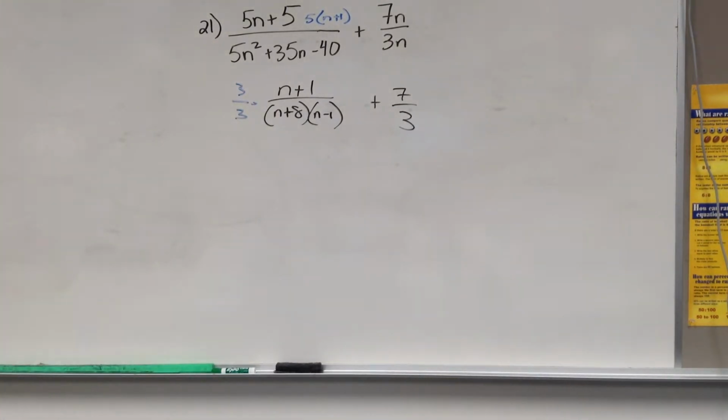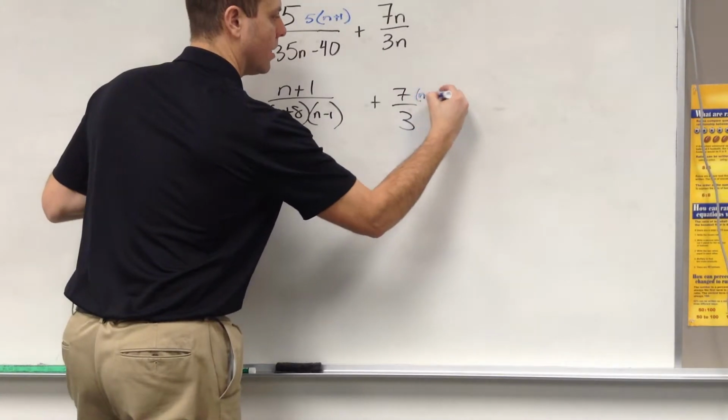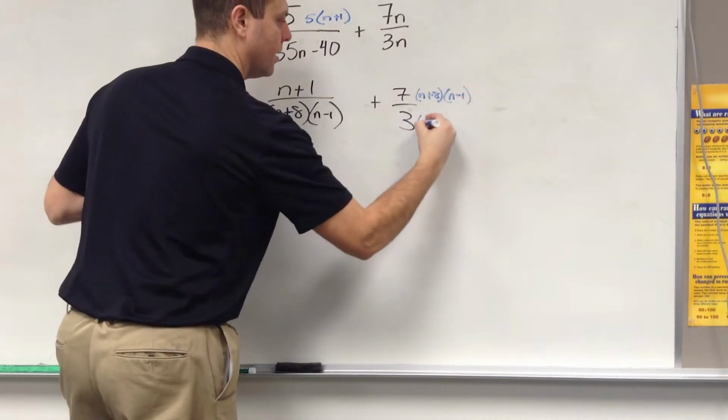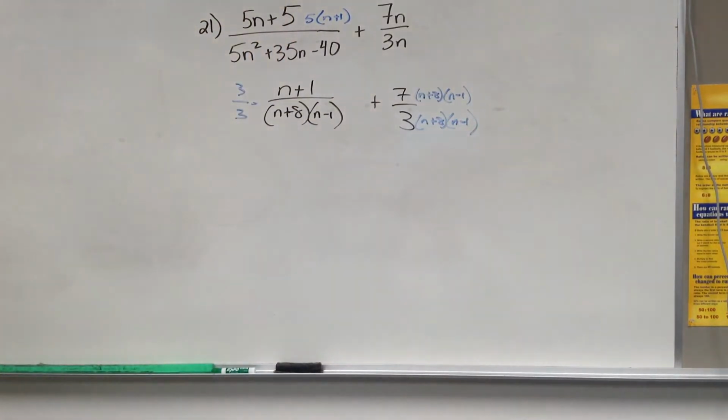What do I need to do to the second fraction? Multiply it by n plus 8 times n minus 1 over n plus 8 times n minus 1.